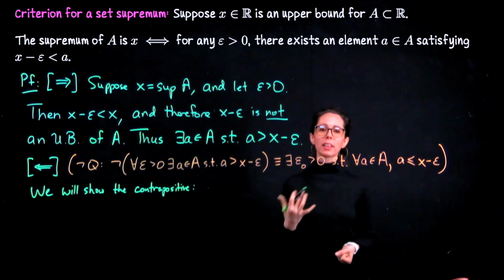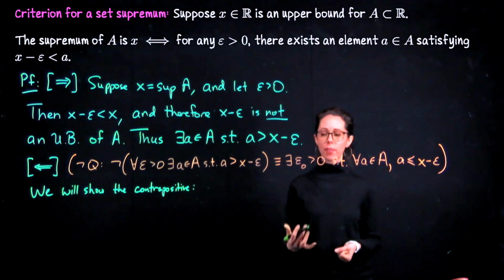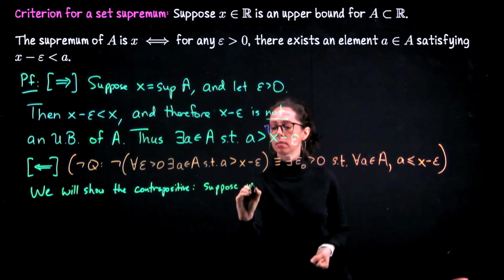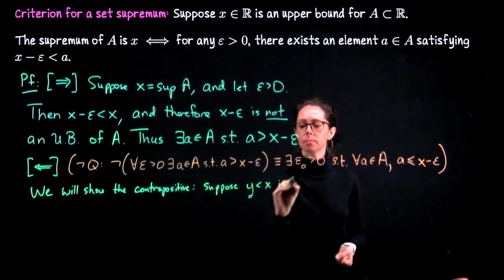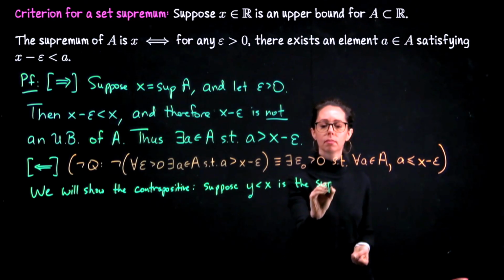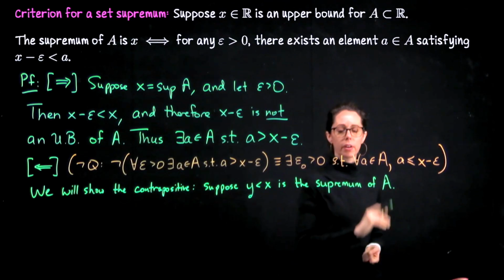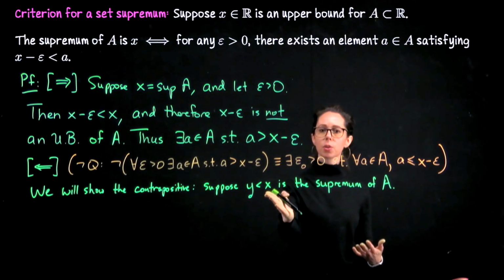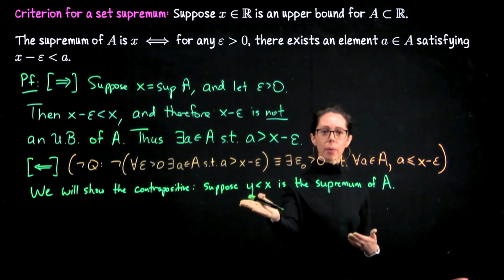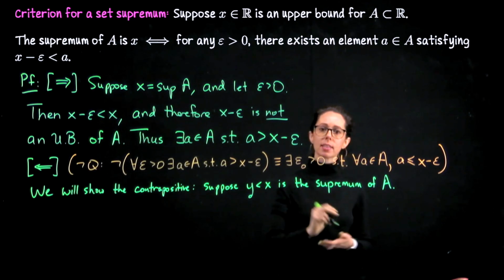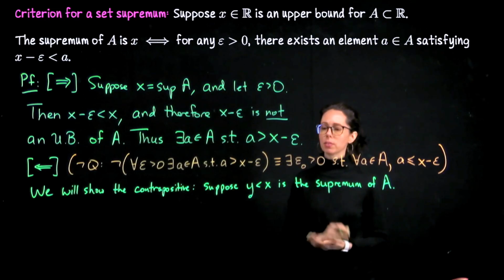Suppose that y less than x is the supremum of A. All right, so x is an upper bound, but it's not the supremum. Out there, there is a supremum because of the supremum property. Let's name that y. And we know that it must be strictly less than x because it's the least upper bound.